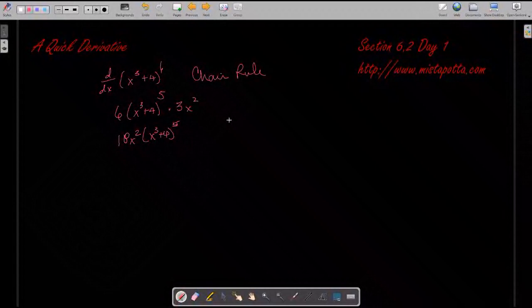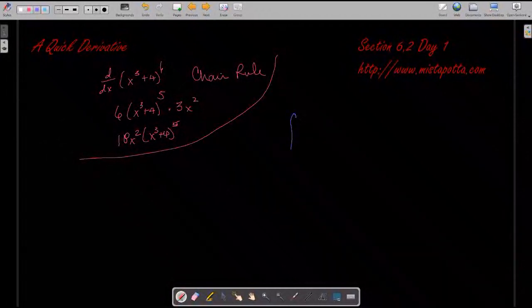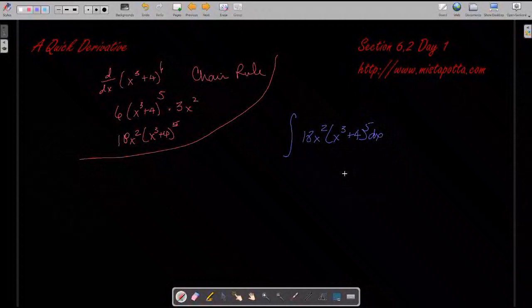The question is, if I had not seen any of this, and I just came across the problem to find the antiderivative of 18x squared times x cubed plus 4 to the 5th dx, I have no idea how to approach this problem, because this looks extremely complicated.